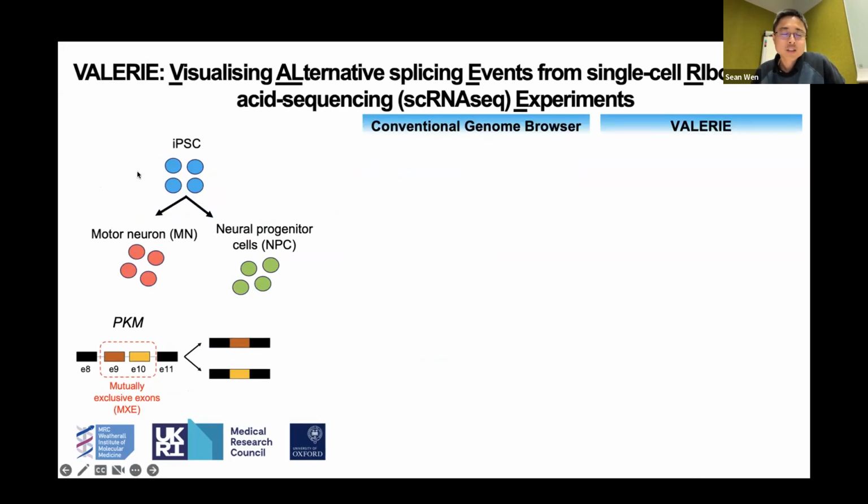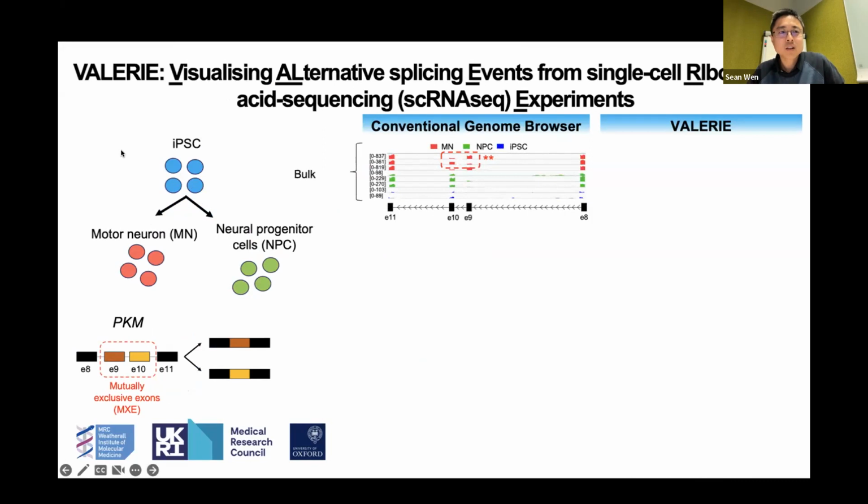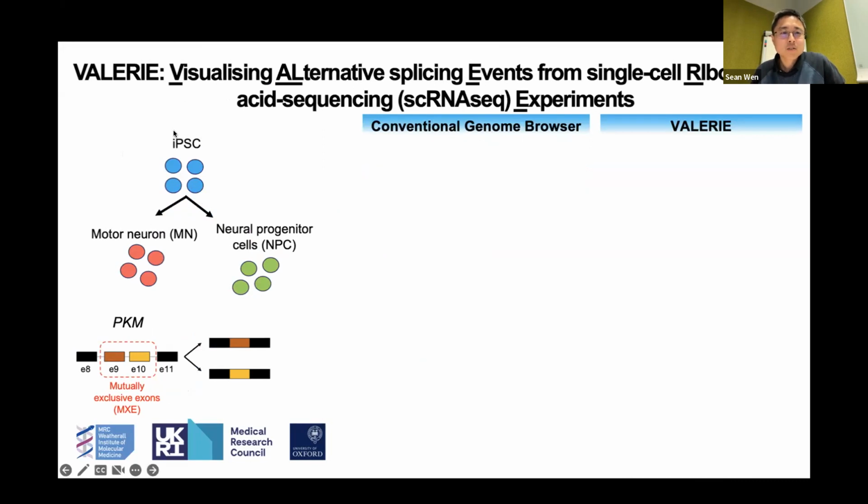To show you the benefits of Valerie, I've looked into this data set consisting of stem cells differentiating into motor neuron cells and neuroprogenitor cells. And the alternative splicing event of interest here is the mutually exclusive exons of PKM. Mutually exclusive means that when one exon is expressed, the other is not.